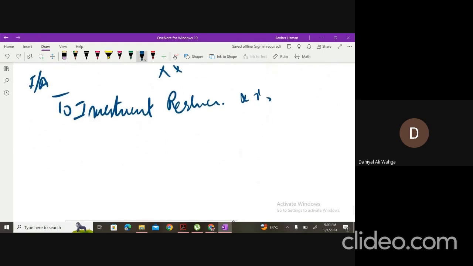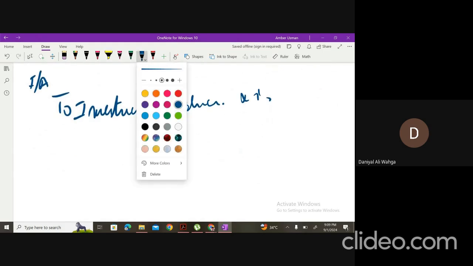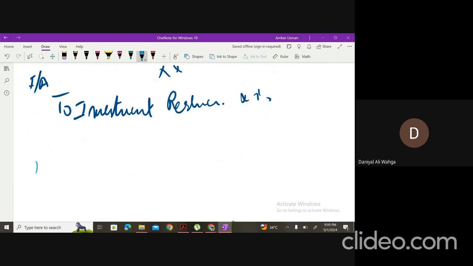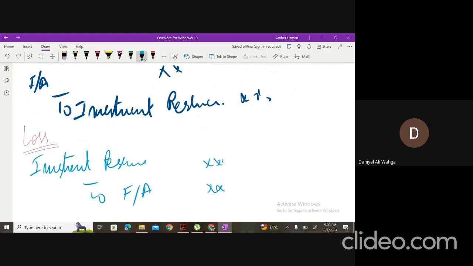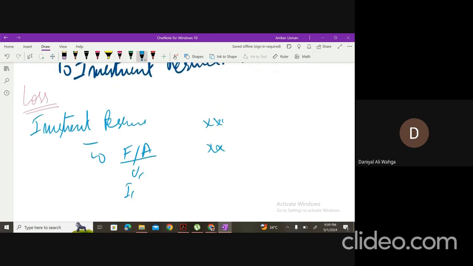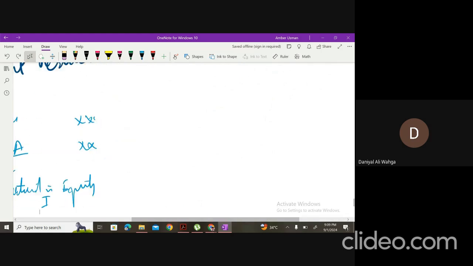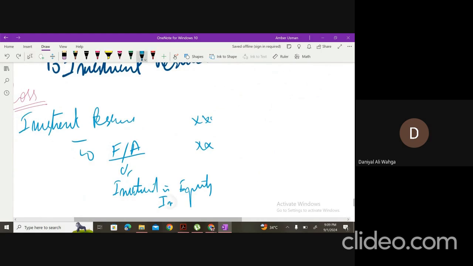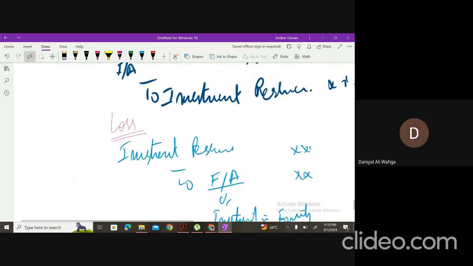And if there is a loss, then investment reserve will be debited and the financial asset, or the investment in equity instruments, will be credited. Okay, that is in the case of a loss.